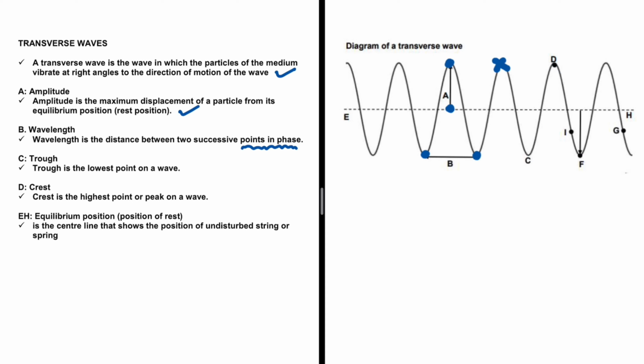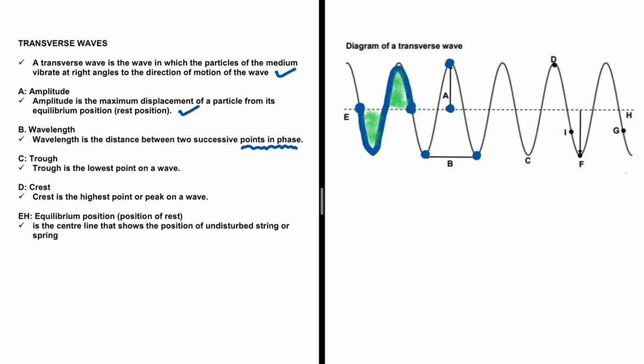And then let's take a look at the last one. If we take a look at E, from this point up to this point, we have one complete wavelength. We have a wavelength between those two points. Let me show you what I mean by that. Right, you can clearly see that here we have half of a circle, and here we have another half.